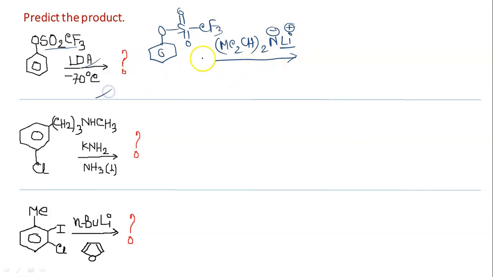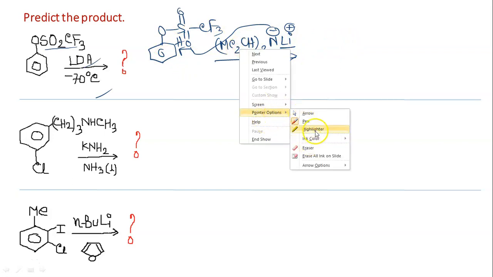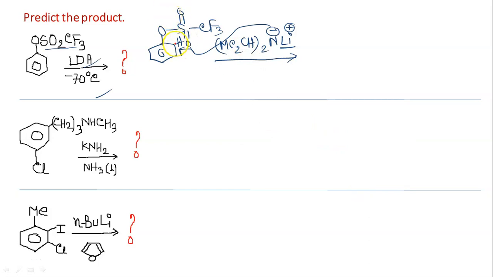Temperature is very low, and this is a very strong base. So this hydrogen will be taken by this base. So as a result, what will happen? Now there will be formation of a triple bond.